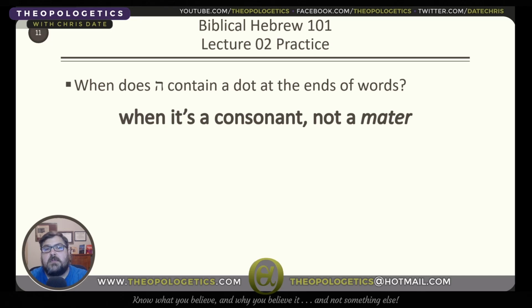There are a few vowel sounds that use the hey as the vowel letter, or the mater lectionis. And those are always at the ends of words. So in order to distinguish between that mater and a hey that actually is pronounced at the end of a word, they put a dot in the hey to indicate that it's not a mater. It's an actual consonant to be pronounced.